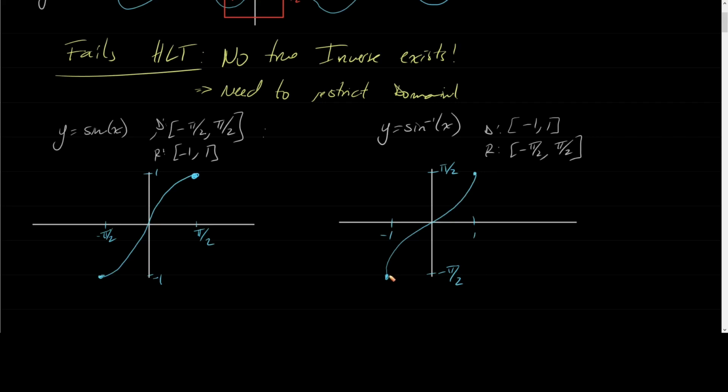Now, notice here that visually speaking, if I do them better, you will see that these graphs are actually mirror images about the line y equals x. Maybe if I drew this one a little bit better. Let's see.